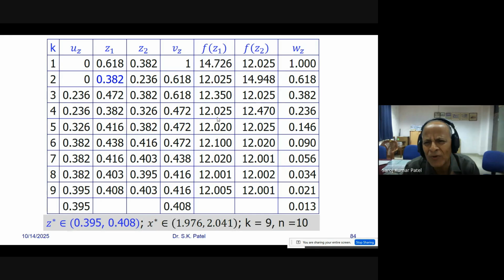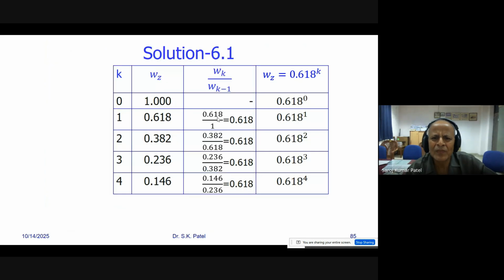Each and every time we have to compare the values and eliminate the region. See here, so WZ is reducing like this. You can see this 0.618 is 0.618 to the power 1, and 0.382 is 0.618 to the power 2, which is 0.382. 0.236 is 0.618 to the power 3, and 1 is 0.618 to the power 0.